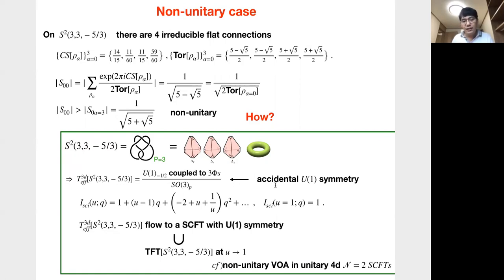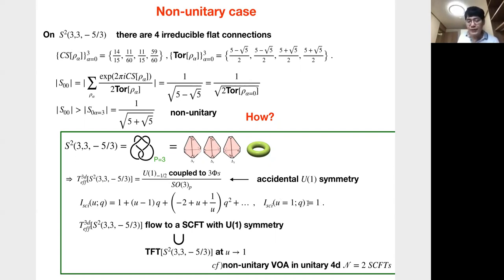This theory has some accidental U(1) symmetry, which corresponds to the U(1) topological symmetry. So if we compute the superconformal index for this theory, turning on the fugacity for the U(1) symmetry, then we found this one. And if we turn off this fugacity, then we obtain that the index becomes 1.